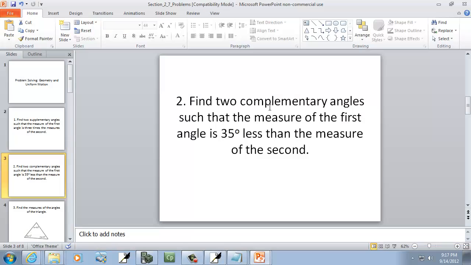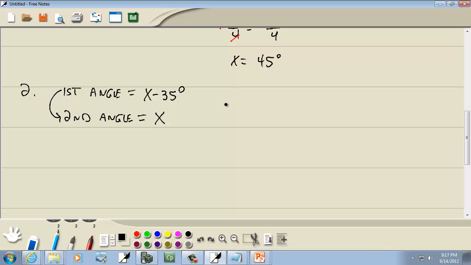Now they say these are complementary, so they add up to 90 degrees. So we take x minus 35 degrees plus x is going to give us 90 degrees. Well, add together the x's. x plus x is 2x. Take the negative 35 degrees to the right side, and it becomes a positive 35 degrees. Add those together.